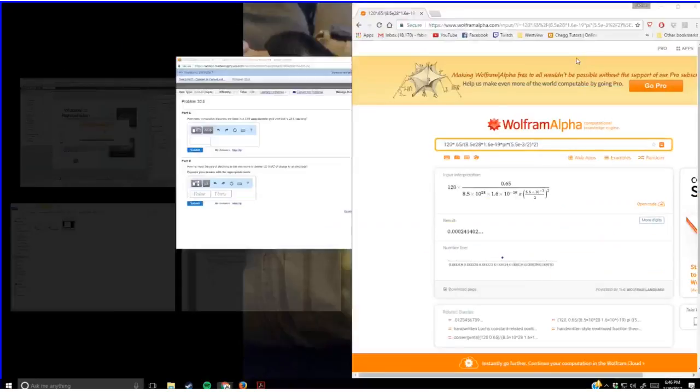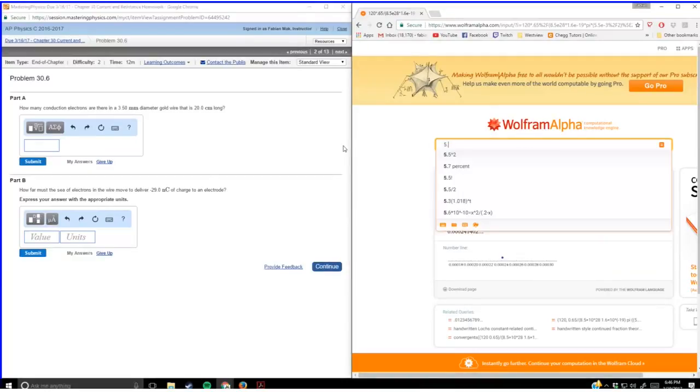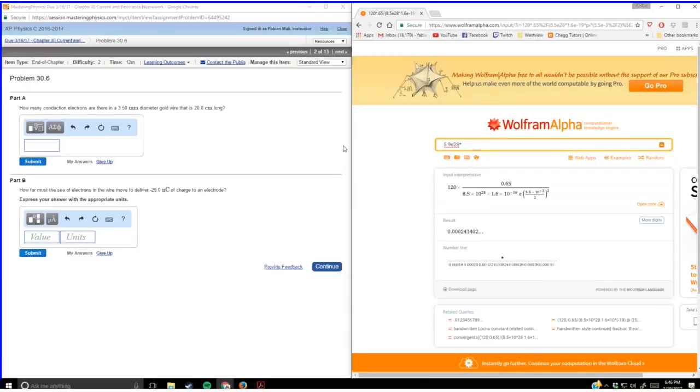Okay. So it's asking for that. So we want the density, 1.9. We want the area. Notice, again, to take advantage of scientific notation, I'm just going to do 3.5 e negative 3 so that I don't have to worry about conversions here.